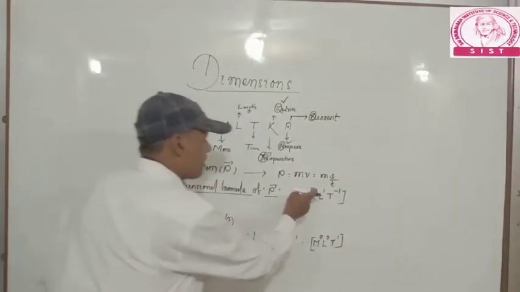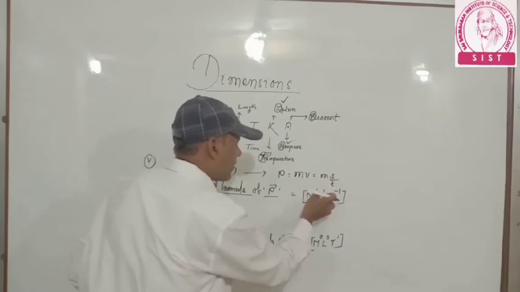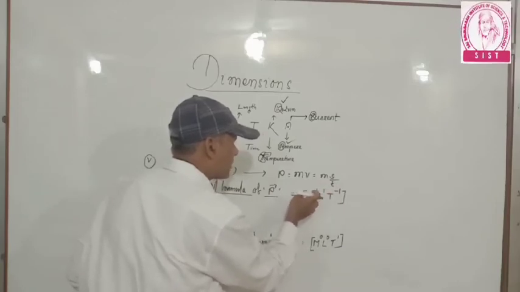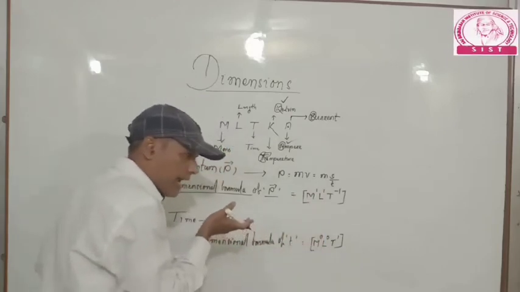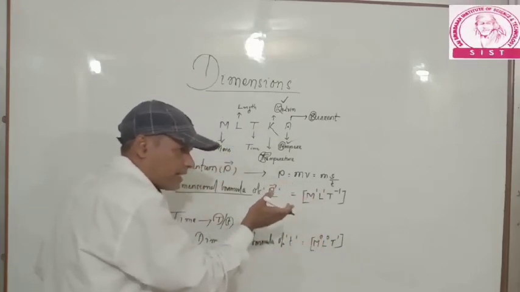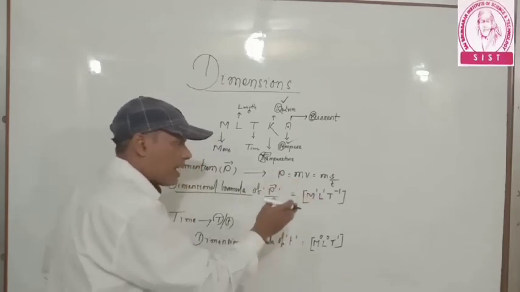This is the power of mass. This is the power of length. This is the power of time. So the dimensions is accordingly. You have to write systematically. You cannot write haphazardly. You have to write one after another.